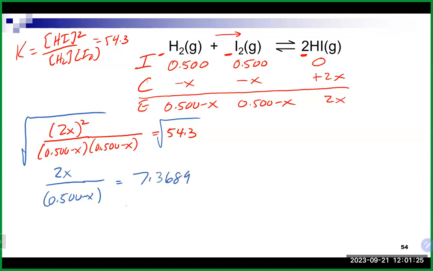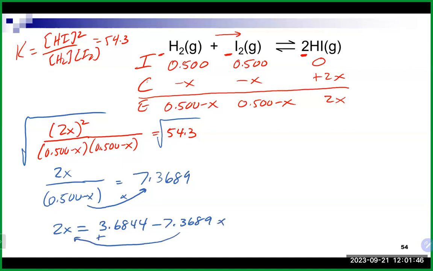7.3689. Now we're going to multiply this to the other side, and that will give me 2x is equal to 0.5 times our answer there of 3.6844 minus 7.3689x. We're going to add this back to the other side.